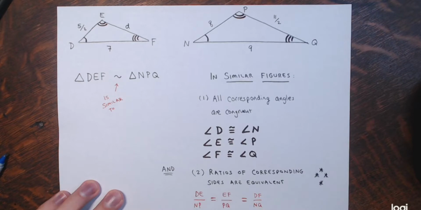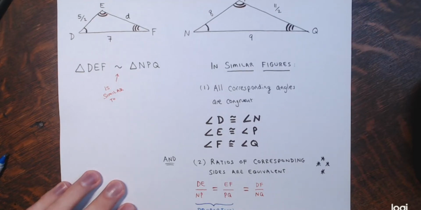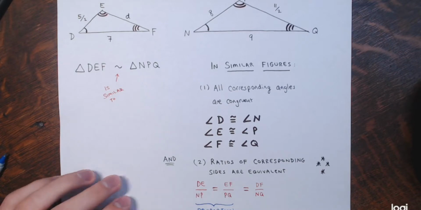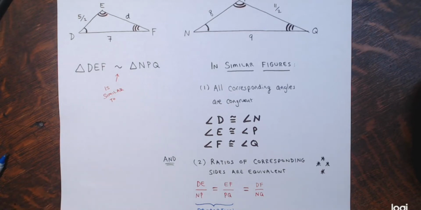All three of these should be the same value. Notice the way I'm setting it up is all the numerators are coming from the same triangle, all the denominators are coming from the same triangle. Just be consistent. And pay attention to how the figures are named, because it'll tell you what sides are corresponding to what sides.